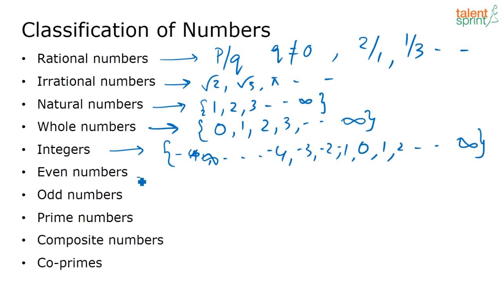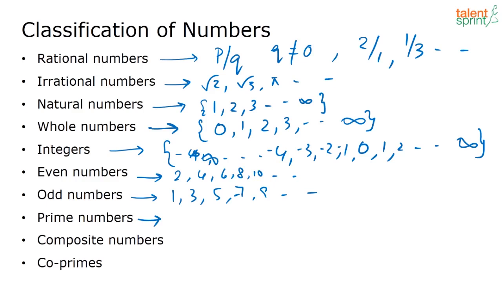Now, what are even numbers? Numbers that are multiples of 2. 2 or multiples of 2 are even numbers. Now, what are odd numbers? 1, 3, 5, 7, 9, etc. are odd numbers. Even numbers are 2, 4, 6, 8, 10, etc. Now, what are prime numbers? Prime numbers, a very important thing that we should know.